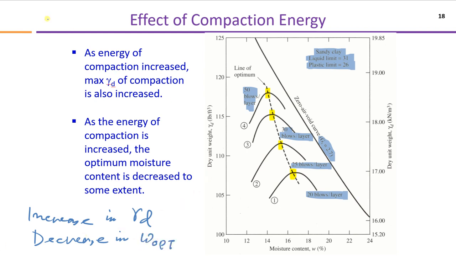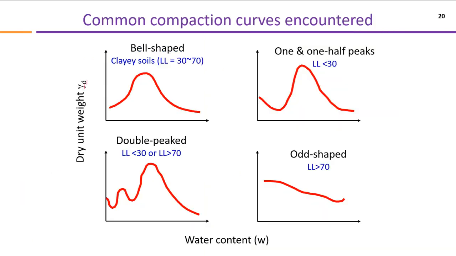Okay, and this is the line of optimums. So this is the effect of energy on the density. Okay, so these are typical shapes that we are going to see in some of the soils.